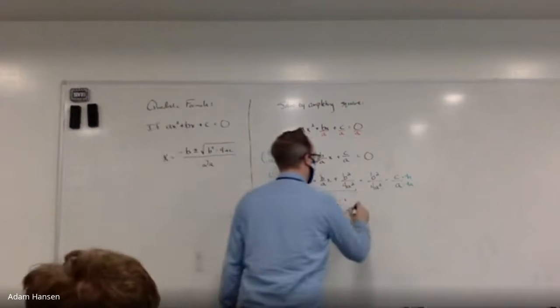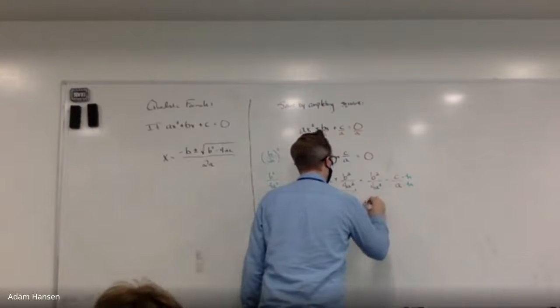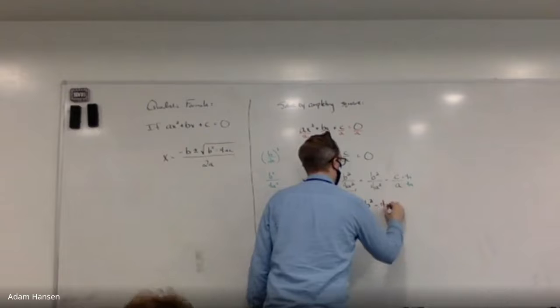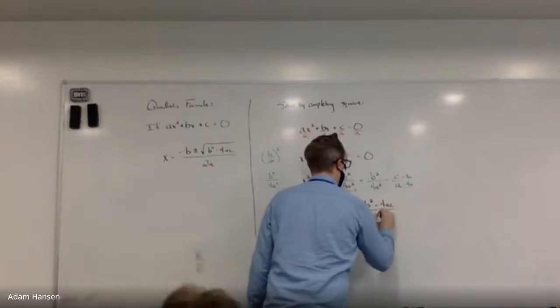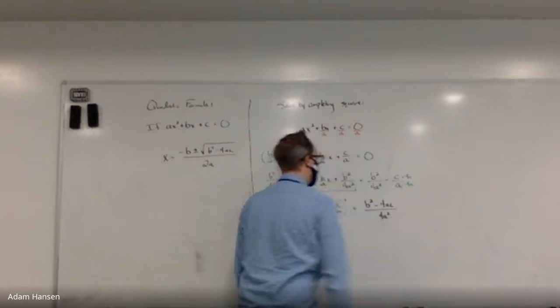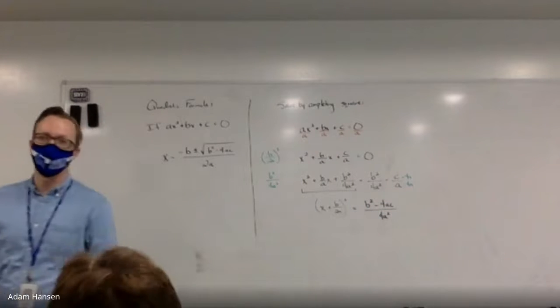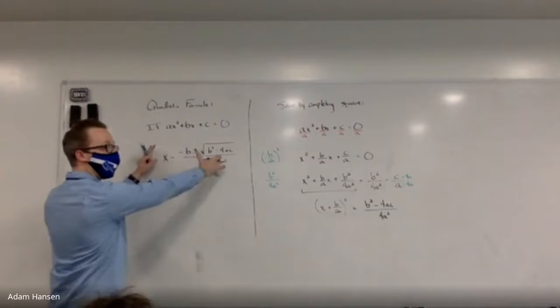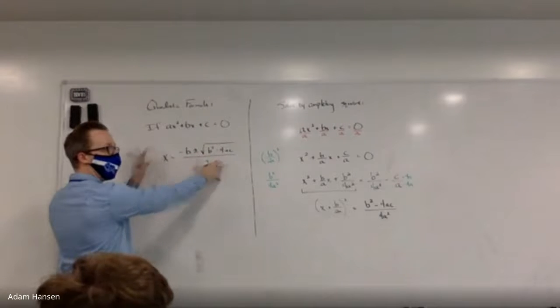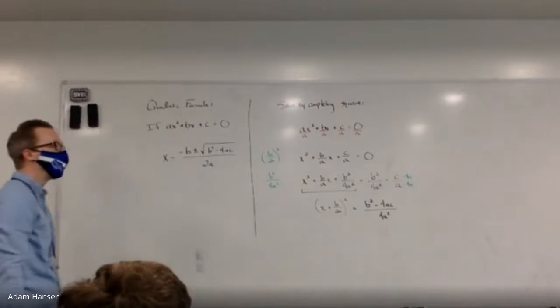So this would be b squared minus 4ac, 4a times c, all over 4a squared. We start to see where some of this is coming from when I compare it back to the quadratic formula. I think we're getting a little bit closer to what I'm trying to solve.